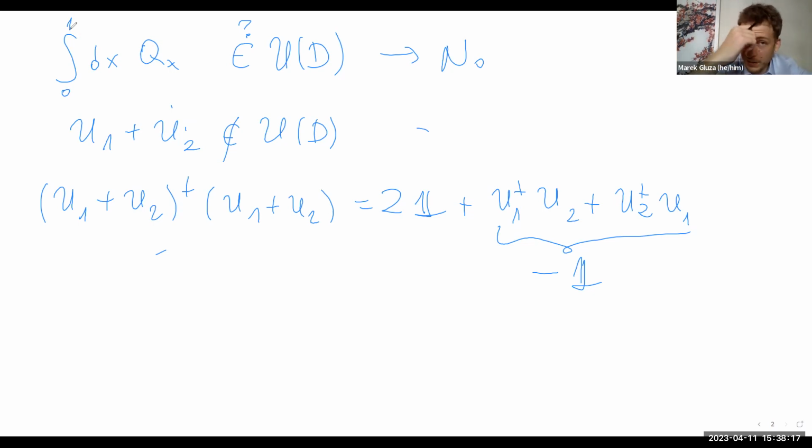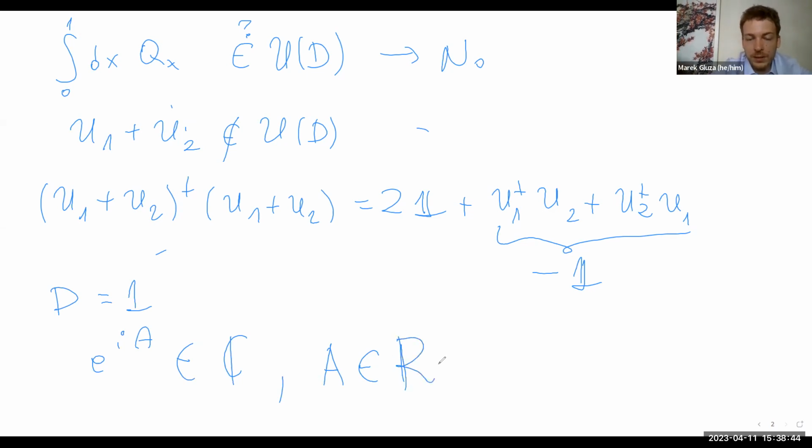So how to make sense of such a sum? And one idea is d equals 1. In that case, e to IA is a complex phase. Okay, and A is some complex number, or actually here it's the generator, so it will be a real number.